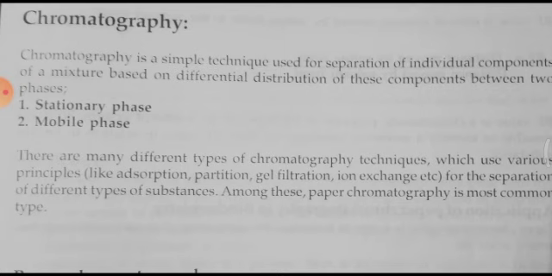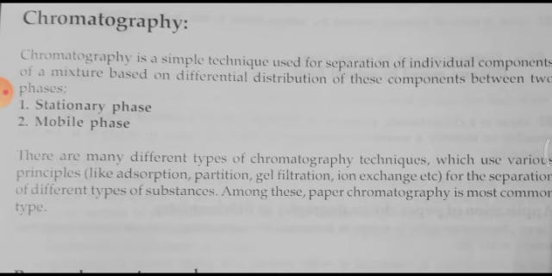For example, if you take A, B and C samples in a solution and put that sample on a paper chromatogram, if A likes the paper more, then it will not move much. If B has 50-50 attraction for the paper and the mobile phase, then it will move a certain distance.